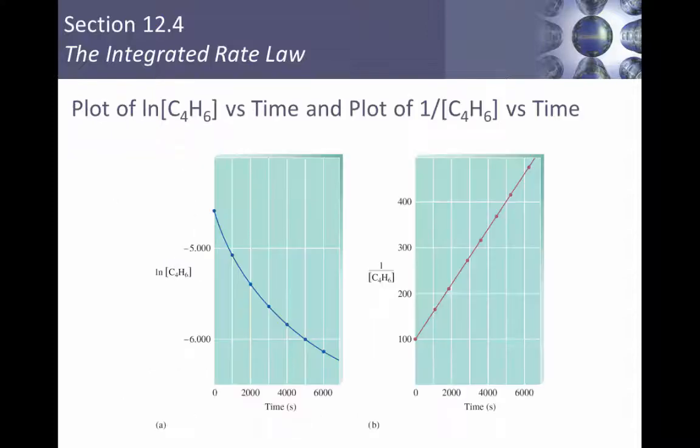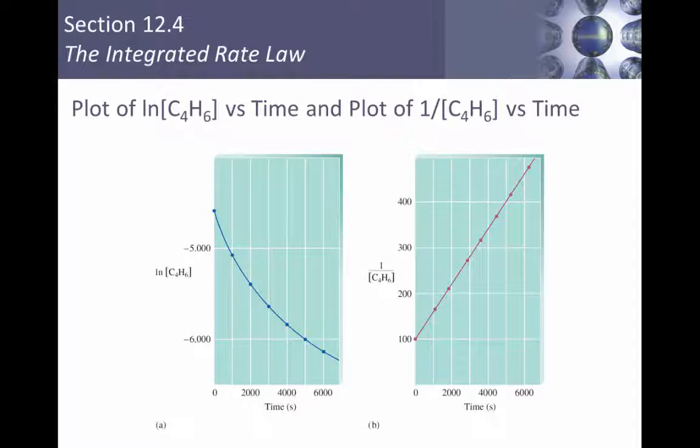Okay, so if we take a sample problem from our textbook, if you'll flip to example 12.5, you can see the data for these two graphs. So we're showing that if you take the natural log of the data and plot those values, or do 1 over the concentration and plot them, the one that gives you the straight line will be the order of the reaction.